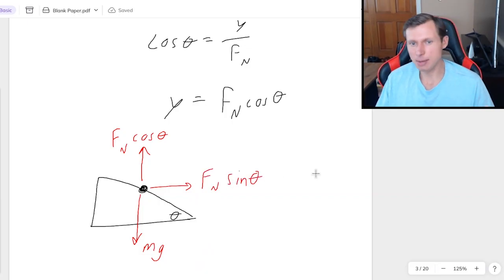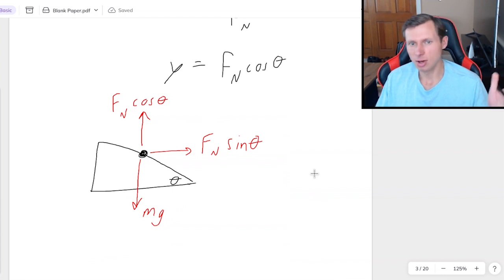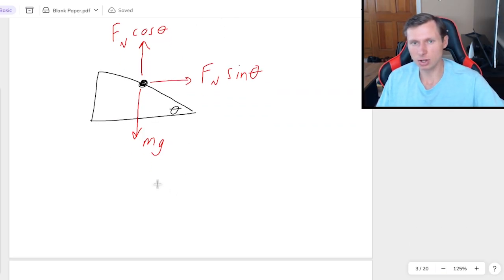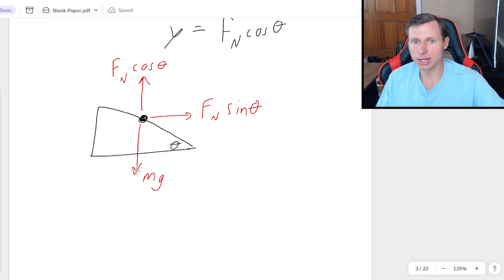And so there, step 1 and step 1.5 are done. I have my free body diagram, I split into components, and now I'm ready to go into step 2, which is Newton's second law. So for Newton's second law, you have to choose if you want to do the y direction or the x direction. For this problem, we end up needing both, but here's one thing I want to correct myself on.